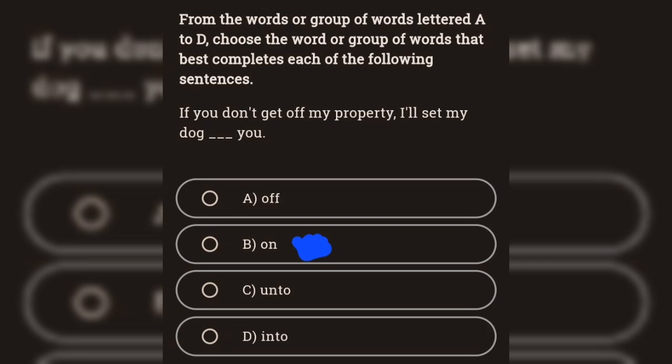If it is to mean that the dog should attack the person, then you should use on. You cannot use into, but on. Because you want the dog to attack the person you're talking to, you have to use the preposition on.